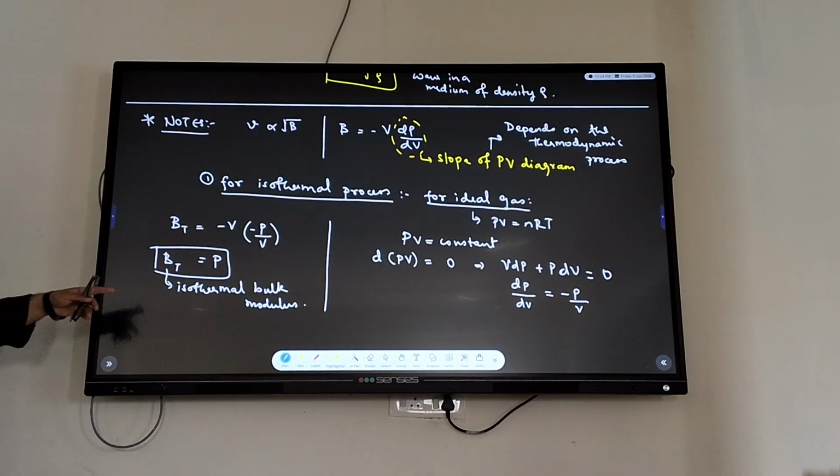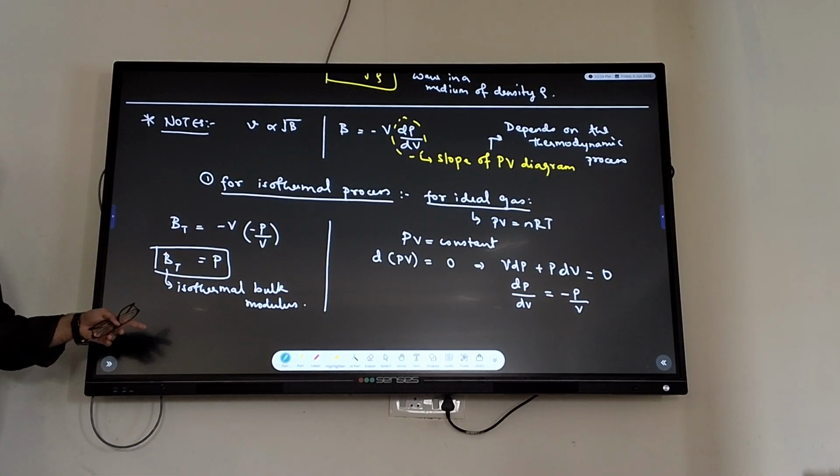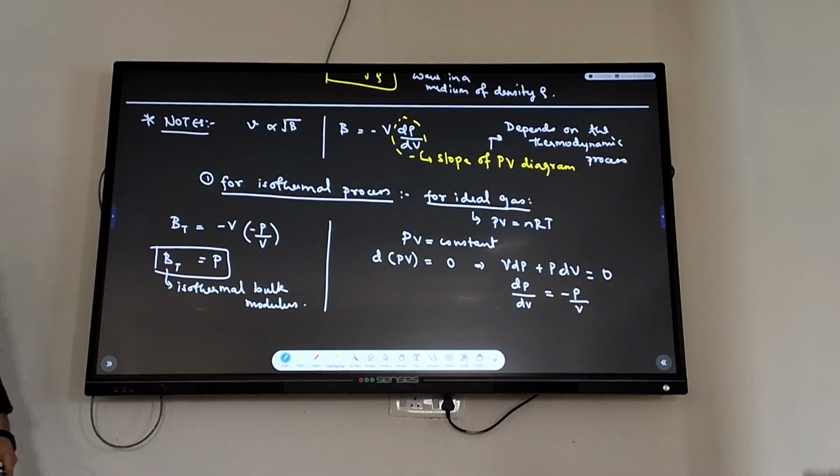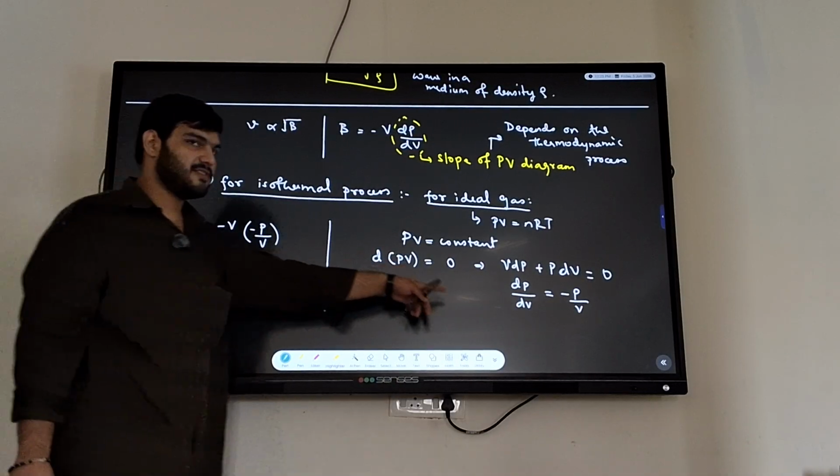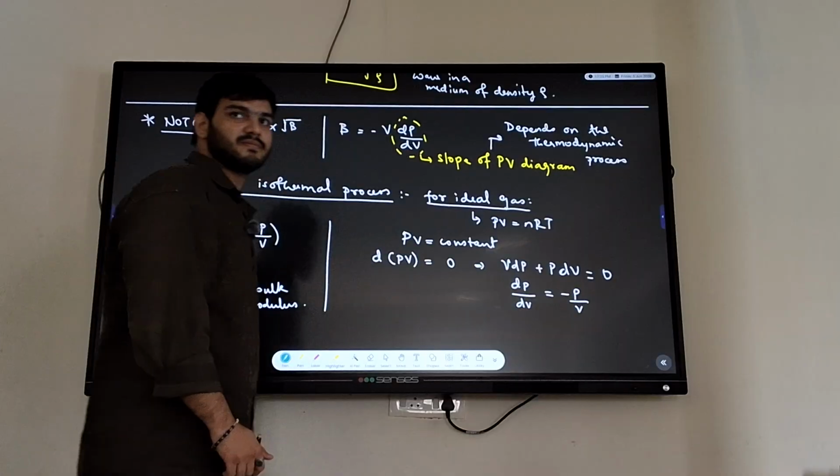And that's why the bulk modulus is equal to the pressure of the medium when we talk about isothermal processes. Now just for fun, tell me for an adiabatic process. Find me what is dP by dV for an adiabatic process. Do it.